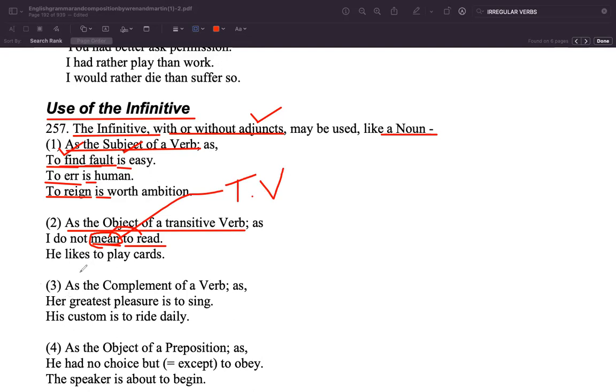TV. He likes to play cards. So likes is the verb. Then to play is what? That's called the infinitive. He likes what? To play cards. So to play is known as the object. So likes is the verb. What kind of verb? That's called a transitive verb.